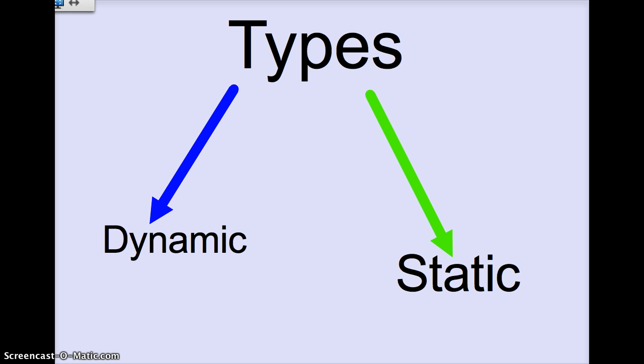A dynamic character is sometimes called a developing character. A static character is a character that remains pretty much the same throughout the story or novel. Whatever else is going on in the story doesn't really change the static character's outlook on life, his or her personality, how he or she thinks, etc.